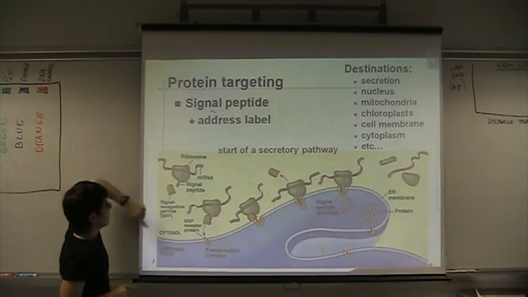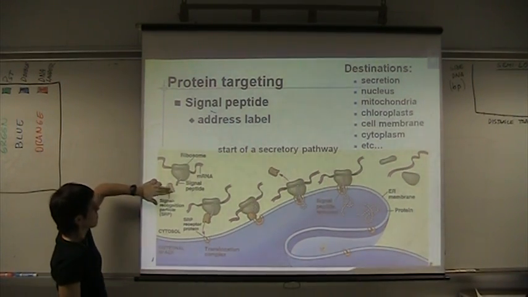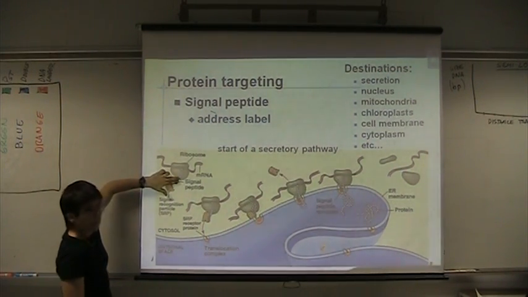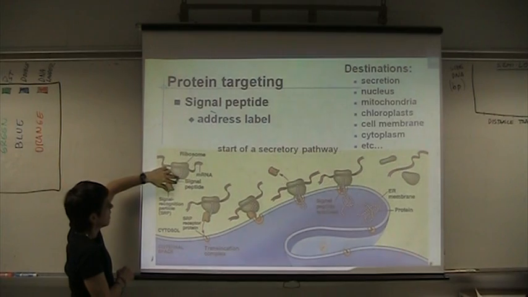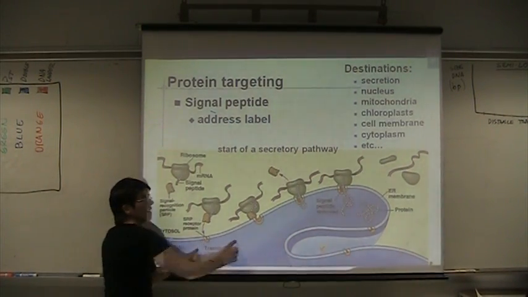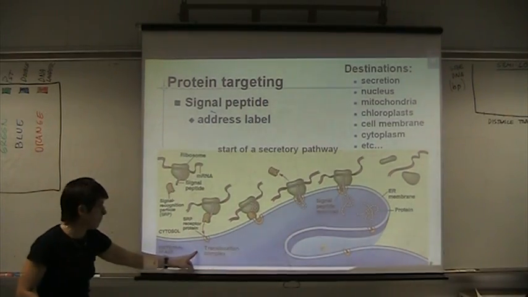If this were insulin, this signal particle, don't worry about what it is really, would attach to those few amino acids there and will drag the ribosome all the way down to the endoplasmic reticulum.